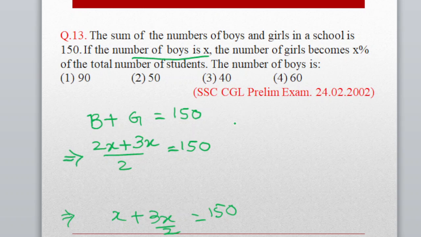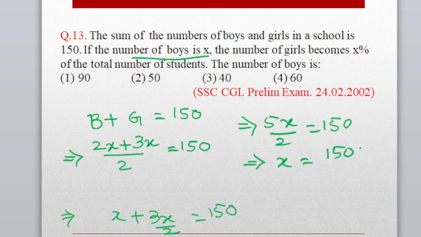So this implies 5x by 2 is equal to 150. This implies x is equal to 150 into 2 divided by 5. So 5 30s are 150, so 30 into 2 is equal to 60. That means your option 4 is the right answer.